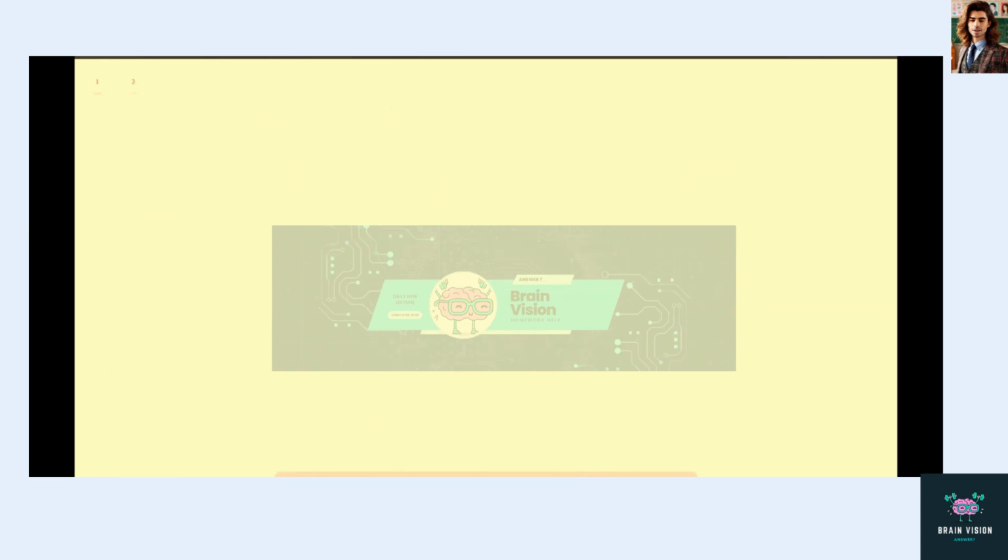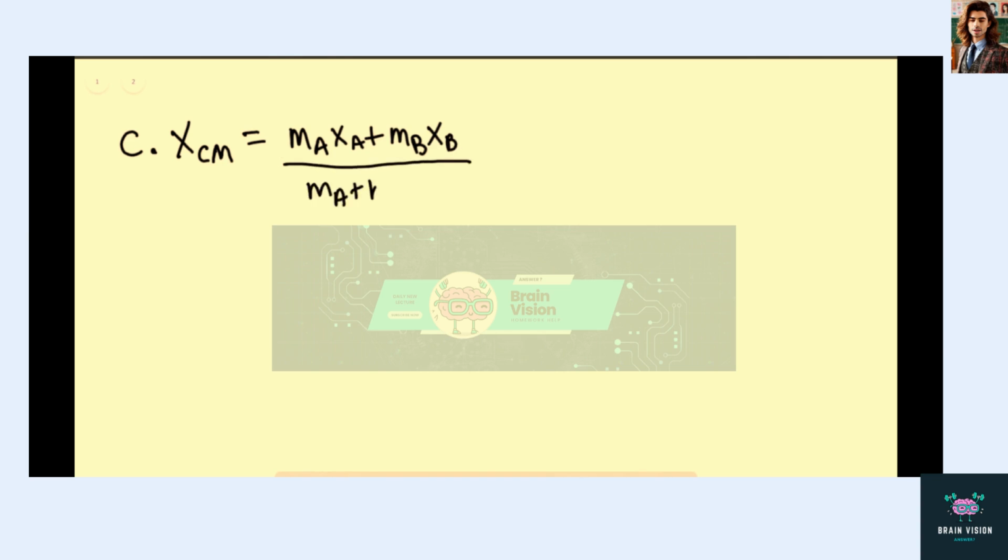And then for part C, we can take the 4 kilogram mass to be the origin of coordinates. And so we can say that the x coordinate for the center of mass would be equal to mass sub A, x sub A plus mass sub B, x sub B divided by the sum of the masses.